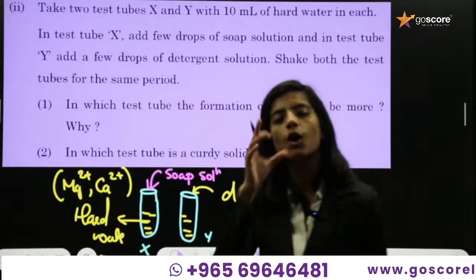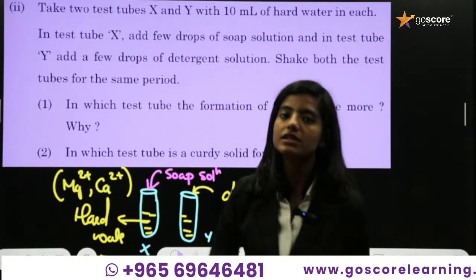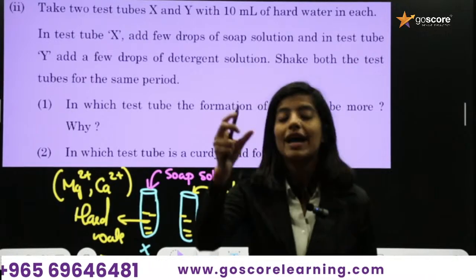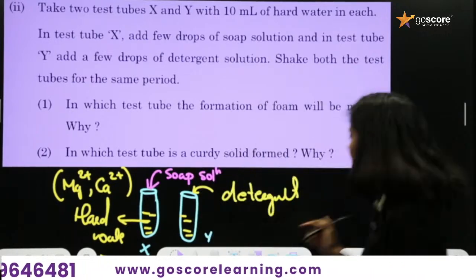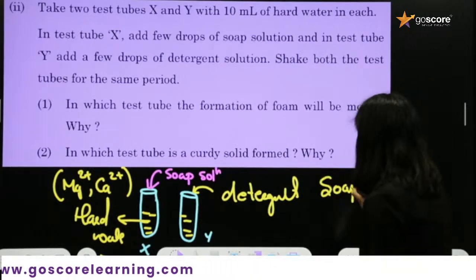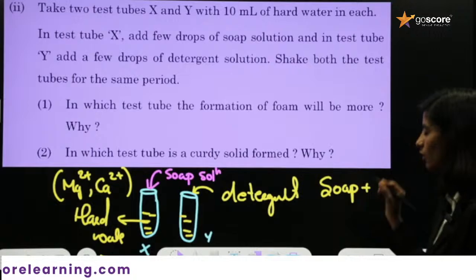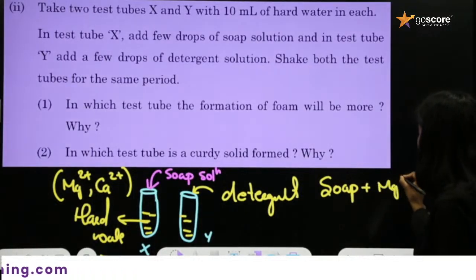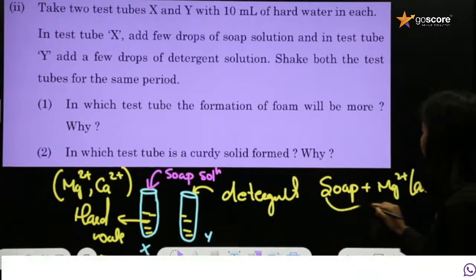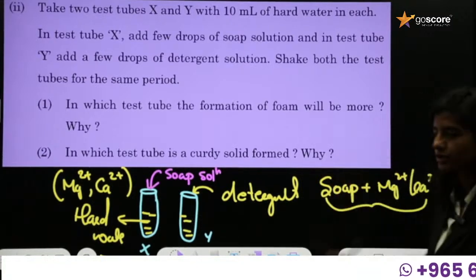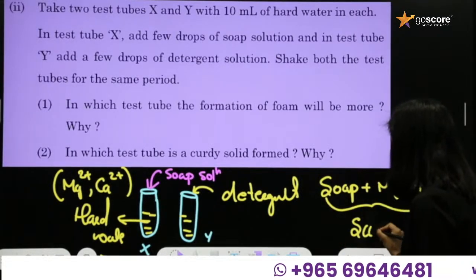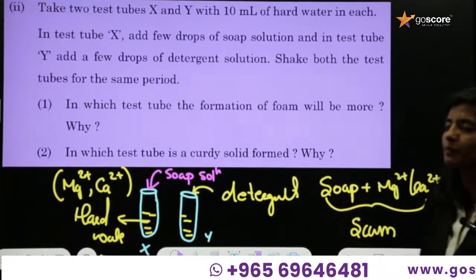The soap molecule will react with the ions present in the hard water and form an insoluble substance called scum. When the soap molecule reacts with the Mg2+ or Ca2+ in the hard water, they will react together and give you an insoluble precipitate called scum.